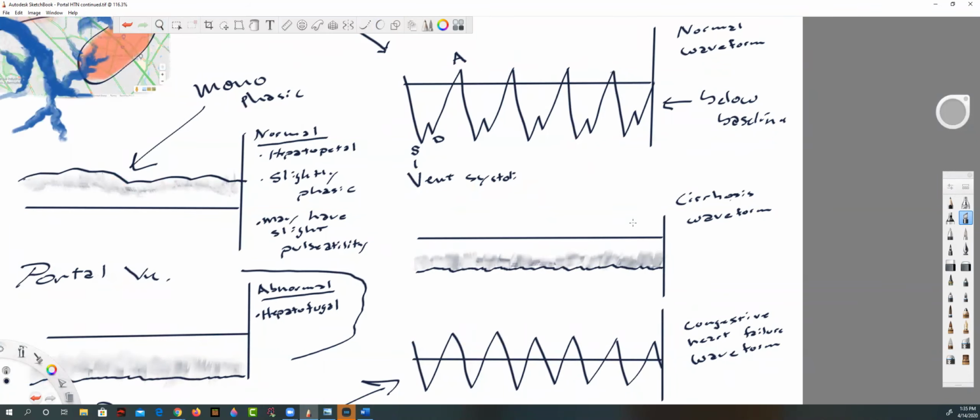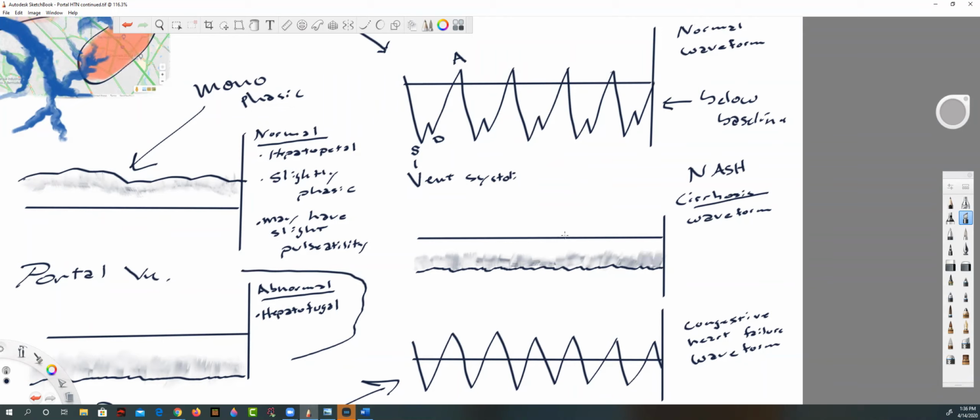Now I don't know that either book mentions this waveform. But this is an important waveform. It's not only a cirrhosis waveform, but I would say NASH as well. Anything that stiffens the liver takes away all of this multiphasic flow.